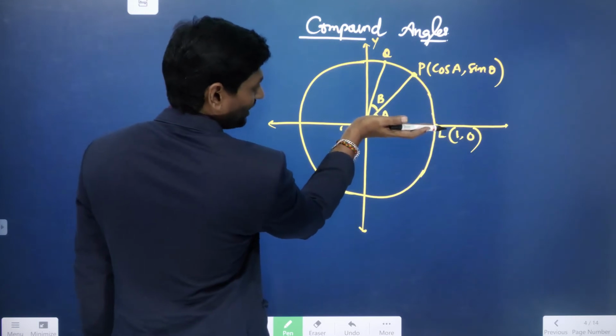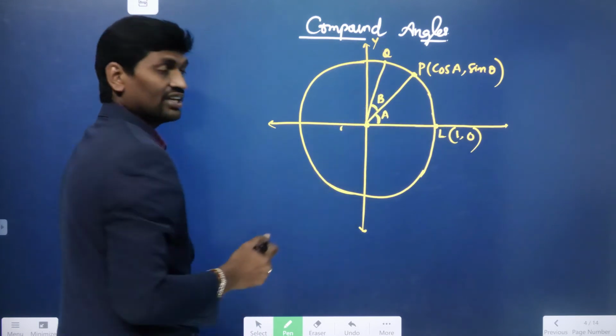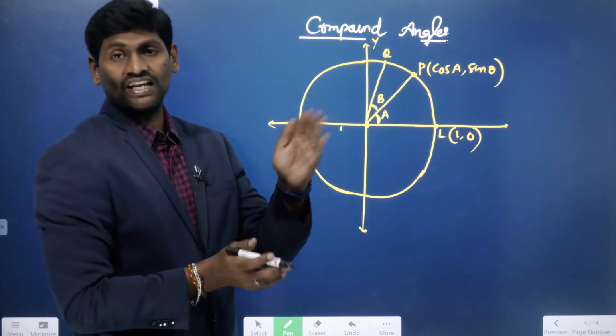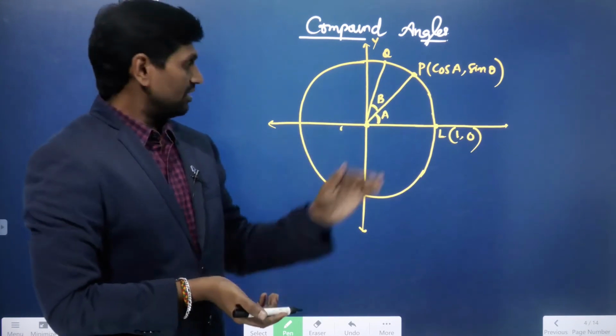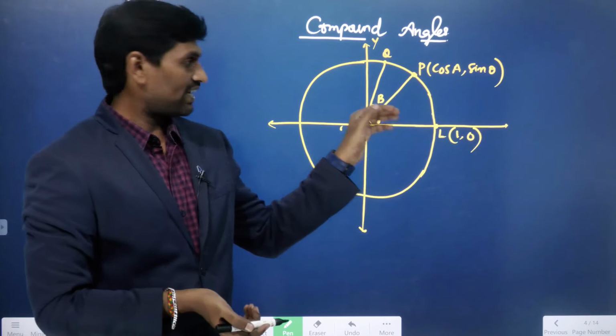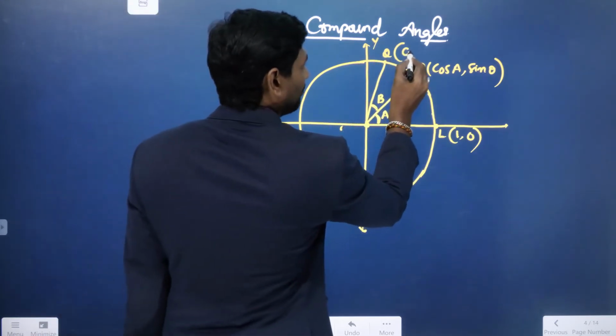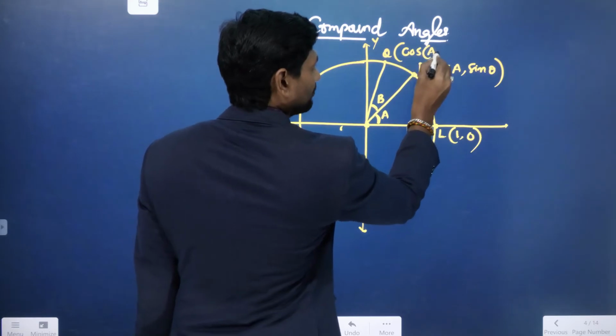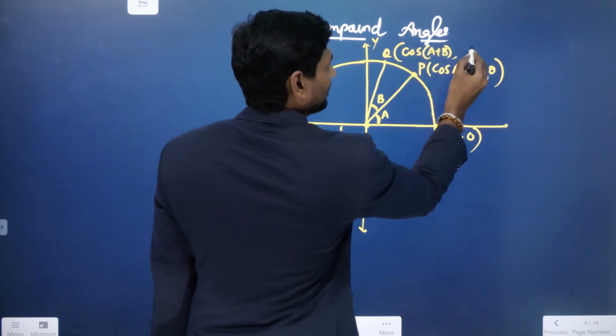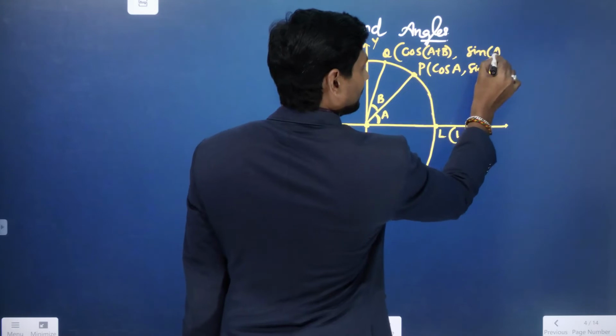The rotating ray has moved A plus B, so the angle is A plus B. So the point here will be (cos(A+B), sin(A+B)).